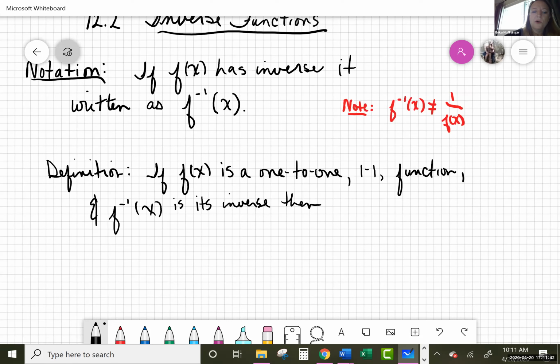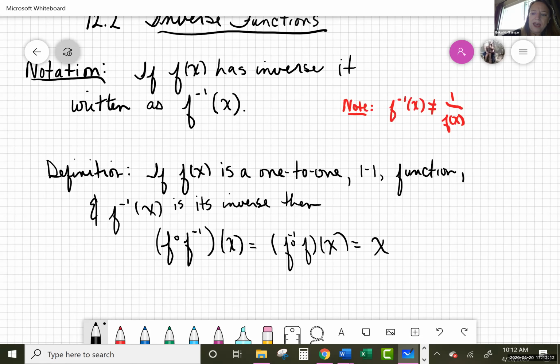Then the following holds. If you take the composition of f and its inverse, so remember that was with parentheses, f, little circle, f inverse in parentheses x. It doesn't matter the direction you do it, so we could take f inverse of f of x. These undo each other.